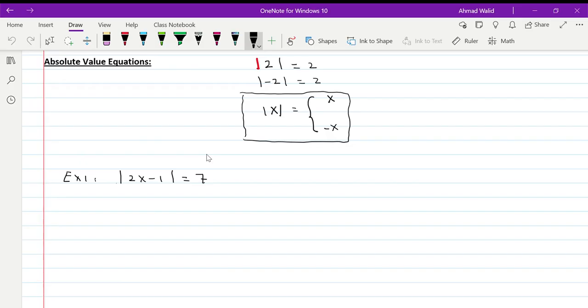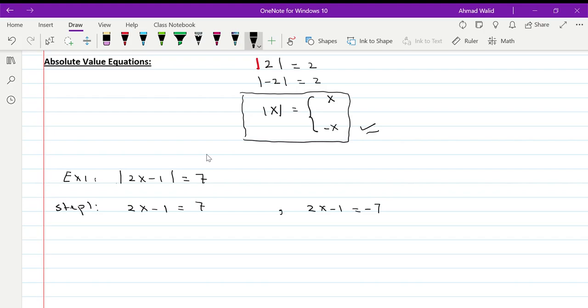In step 1, remove the absolute value sign from the left, like this: 2x minus 1 equals positive 7. Make one equation, and make another equation at the same time: 2x minus 1 equals negative 7, correct, based on this definition. And after that, solve both equations like a normal equation.